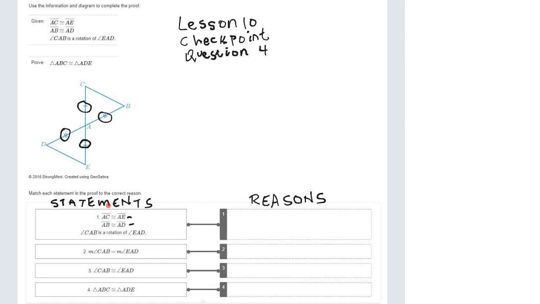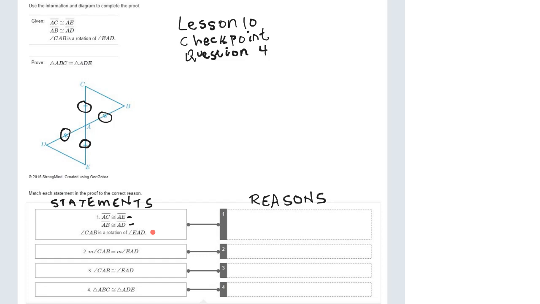Then the third part is angle CAB. CAB, that's the top, right? Well, the top one on the top right is a rotation of EAD. So the meaning for that, of the lower one, is we saw in the lesson 8 discussion that when we move or rotate figures, they are still congruent, right?